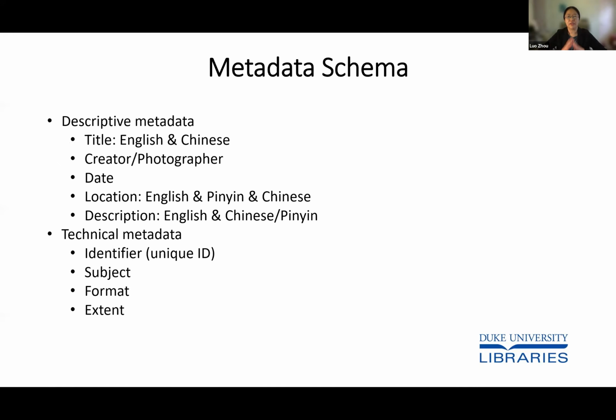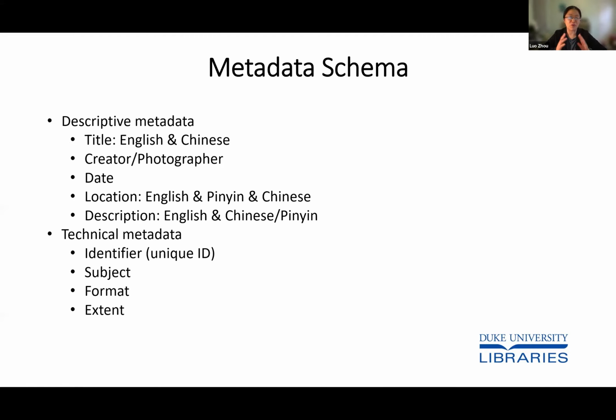Okay, so here is a metadata schema at Duke. This is, of course, not the complete one. The complete one could be a couple of pages long. Just to give you an idea, we use Dublin Core here as a base of our metadata. And my major involvement is in the descriptive part, as you can see here.